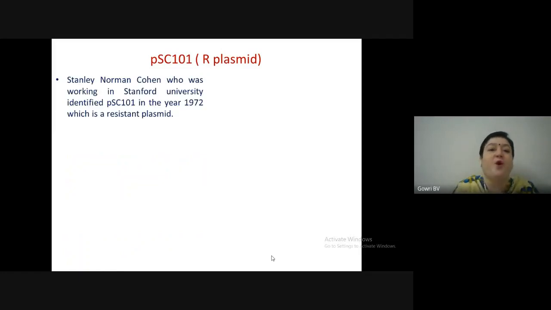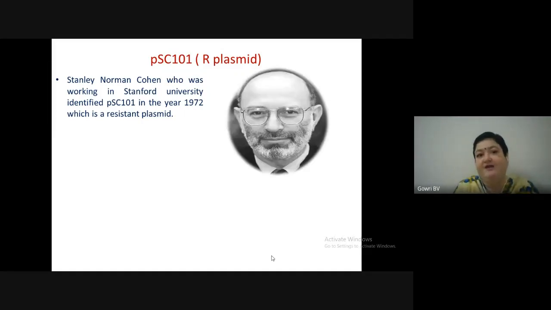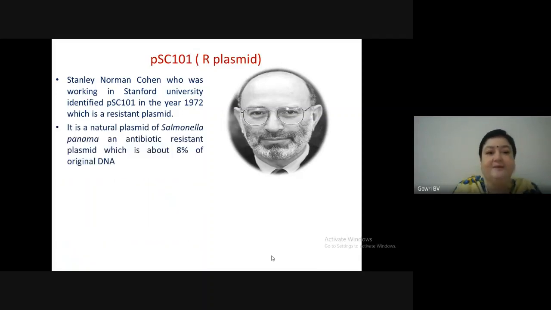Stanley Norman Cohen, who was working at Stanford University, identified pSC101 in the year 1972, which is a resistant plasmid. Stanley Norman Cohen is also written as Stanley N. Cohen or Stanley Cohen.